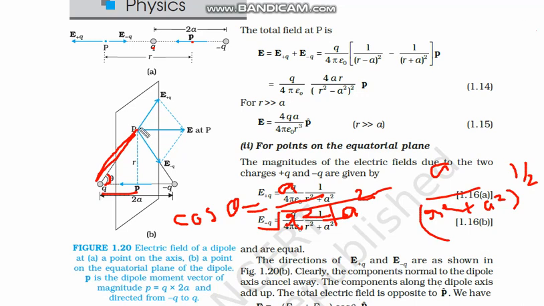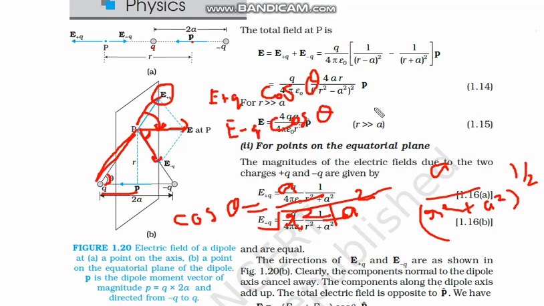Now take the direction of the electric field. Let us take the positive one first and its cos component in this direction, as you know that along the x-axis we take the cos component. So we have E positive cos theta. For the second one, the angle is again theta, so E negative cos theta.